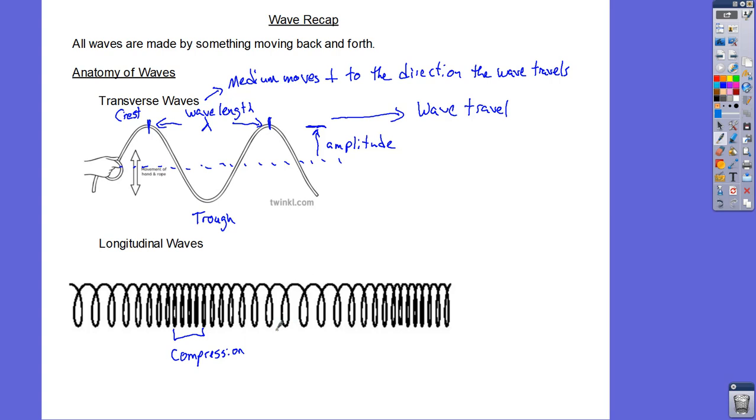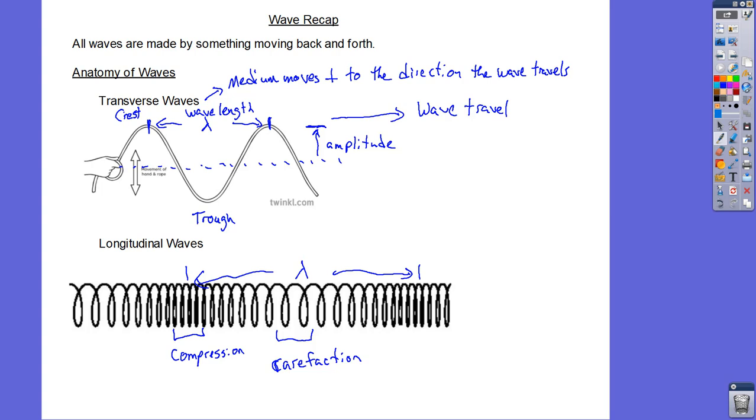That is called a rarefaction. The wavelength here is the distance from one compression to another. That would be the wavelength lambda. Or again, you could go from rarefaction to rarefaction.